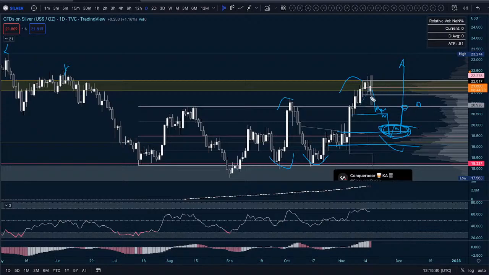But I'm prepared for both, right? If I see that it's breaking down, then I'm out of the trade, looking for my next entry. Then I'll see if it comes there and shows weakness around this area, then I'm gonna cut this long, maybe thinking of flipping short towards range lows again.